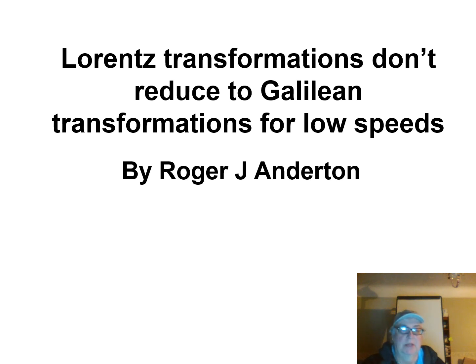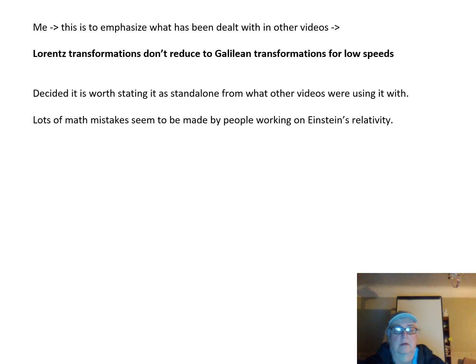So this talk is Lorentz transformations don't reduce to Galilean transformations for low speeds. So I've dealt with this in other videos, and now I'm just going to highlight this issue that the Lorentz transformations don't reduce to Galilean transformations for low speeds.